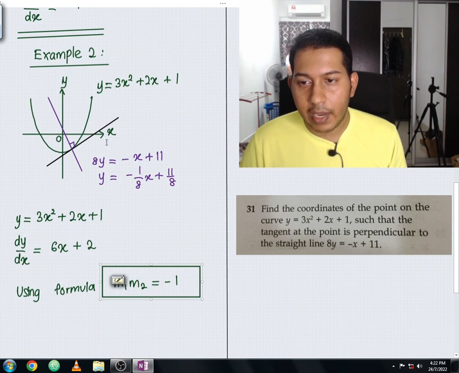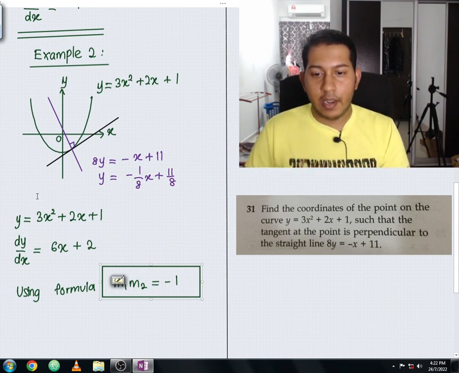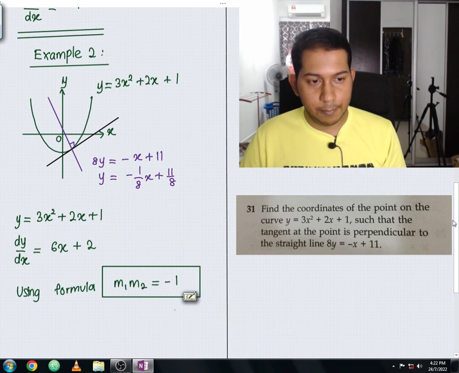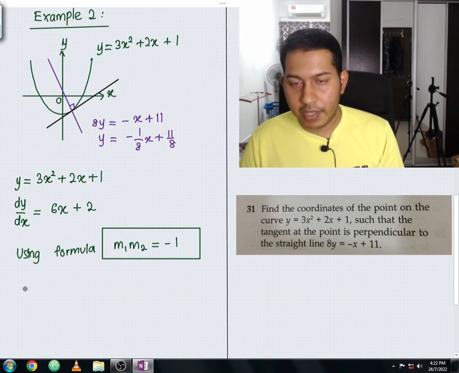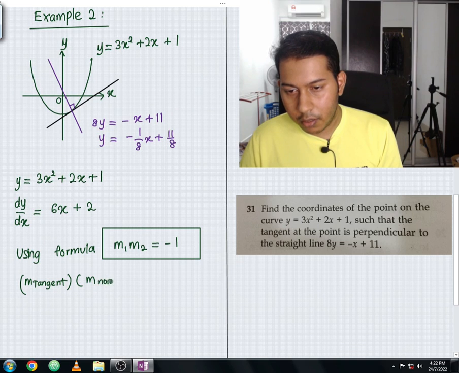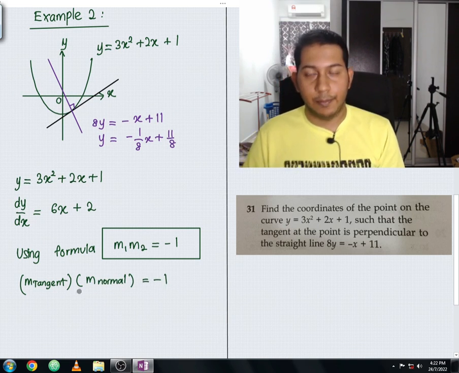Any two perpendicular lines, their product of the gradients will always be negative 1. So let me just write over here. m tangent, which means gradient of tangent, times gradient of normal is equal to negative 1.